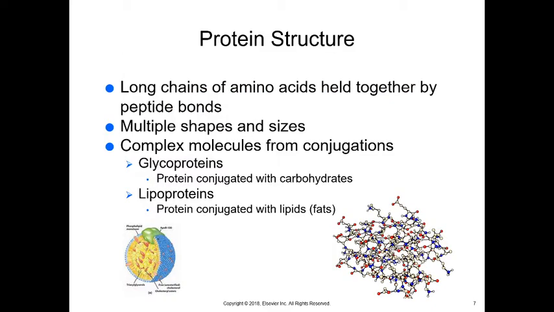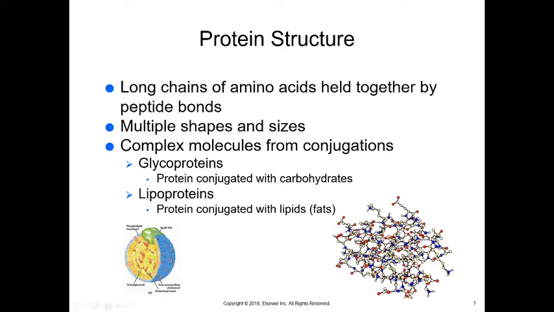Protein structure: proteins are made of long chains of amino acids held together by peptide bonds. There are multiple shapes and sizes, and they're made into complex molecules through conjugation, so conjugating multiple molecules. There are two shapes. One is called a glycoprotein. This is protein that is conjugated with carbohydrates.